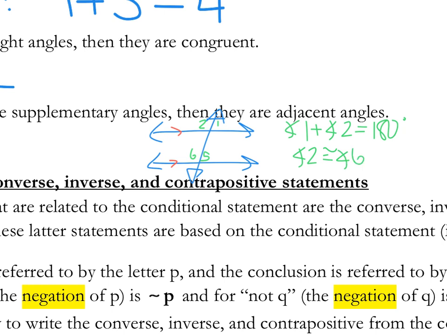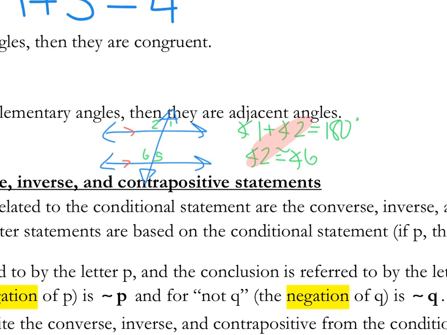Okay. And something that you will learn later on is that angle 2 and angle 6 are congruent. And something you're going to learn tomorrow is that you can cut that middle out and conclude that angle 1 plus angle 6 equals 180 degrees. Basically, all you used was substitution. And if you look at your diagram, angle 1 is here and angle 6 is here.